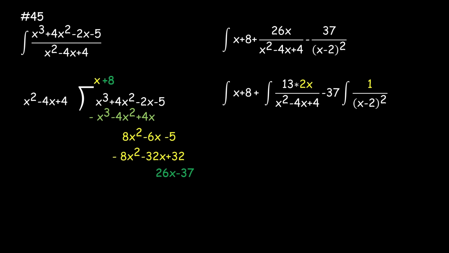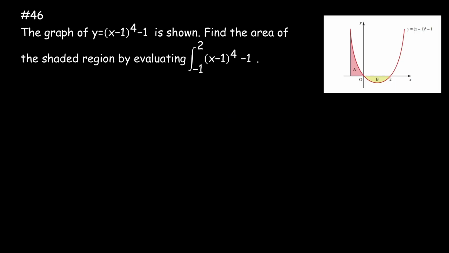Okay, this will give us our final answer, which is x squared over 2 plus 8x plus 13 natural log of x squared minus 4x plus 4 plus 37 over x minus 2.